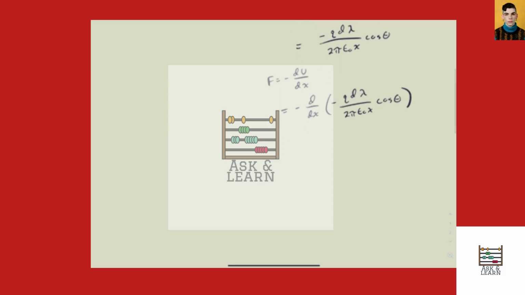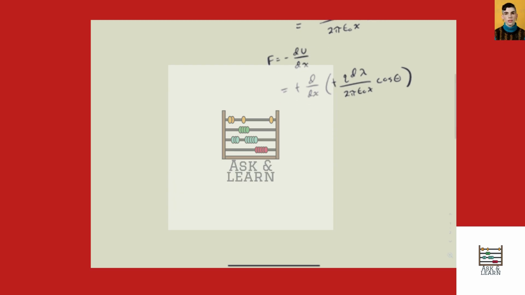And then these negatives are going to cancel out, so they are both positive. And then the only x we have in here is a 1 over x, so the derivative of that is going to go to minus 1 over x squared. Everything else stays the same because they're all constants, so this is minus q d lambda over 2 pi epsilon naught x squared times cosine theta.